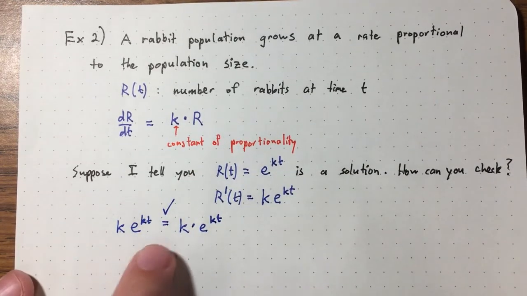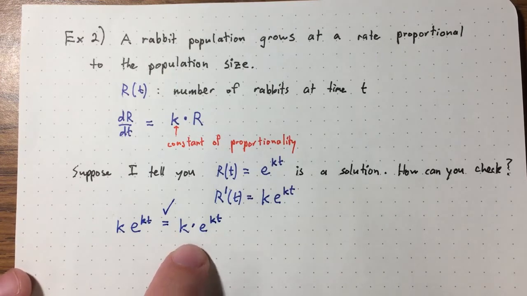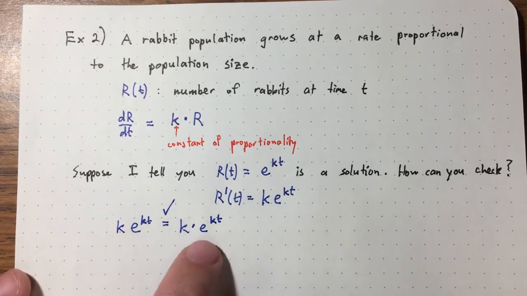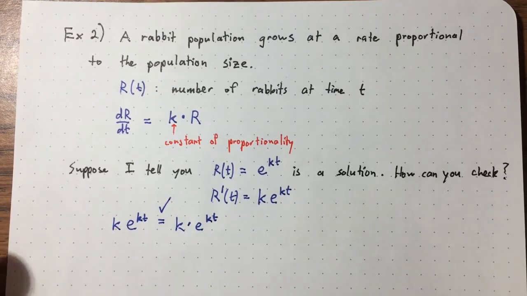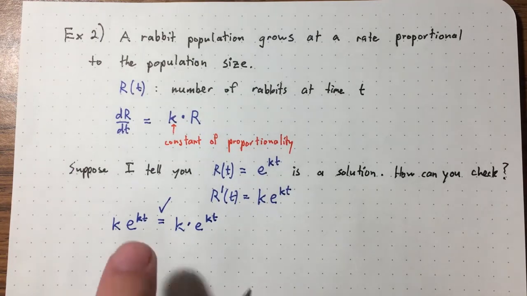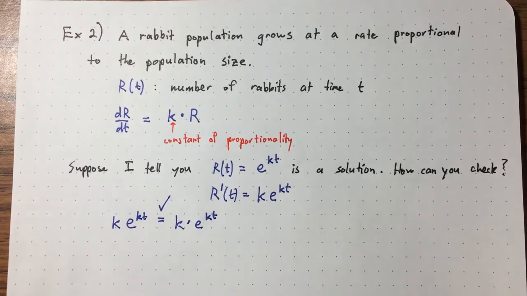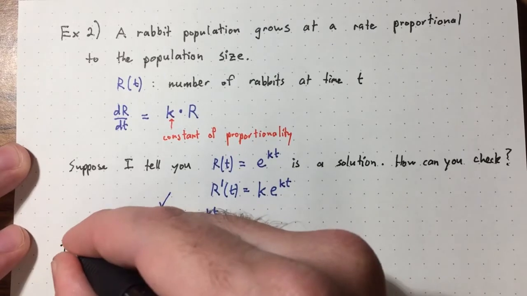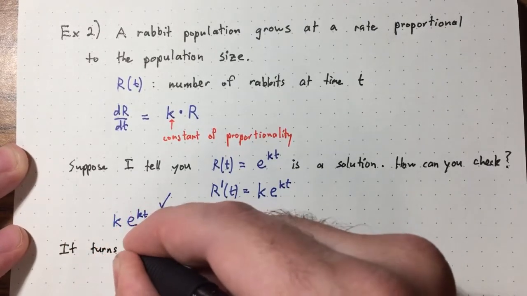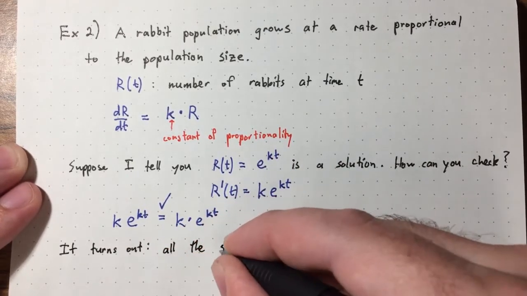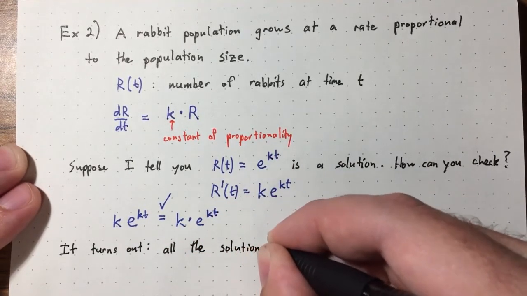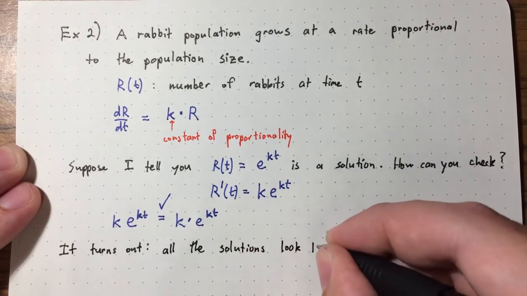Right, we have the same function on both sides. Remember with differential equations, these are functions, right? So we need equality of functions. They have to be the same function. They can't just take the same value at a particular value of t. Like, they really have to be the same function. Great. So that is a solution. And it turns out all the solutions look like this one.